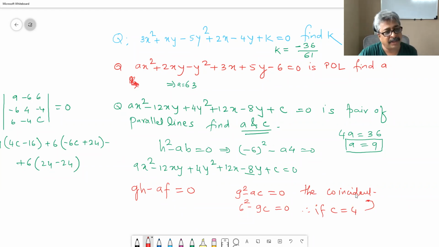Oh, correction, I was wrong, because c disappears here, because the two rows are proportional, for any value of c it will become POL, and if you want coincident, then c must be 4. So I have to be careful about numericals today.